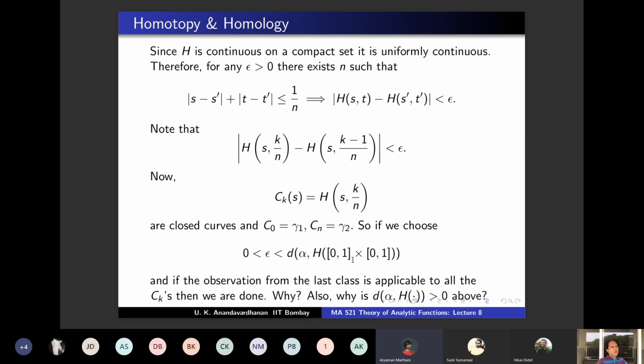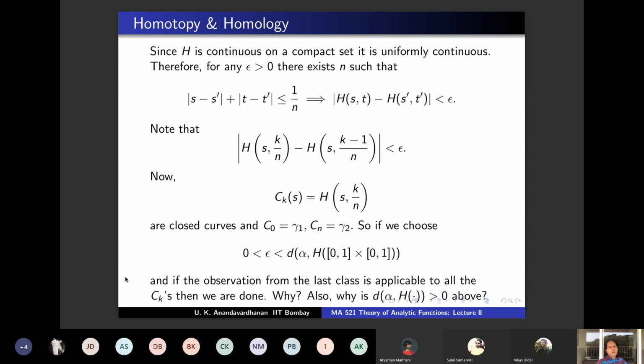Because the unit square is compact and h is continuous, therefore h of the unit square is compact and distance is a continuous function. Therefore, it takes a minimum there and therefore it's strictly positive. Alpha is outside omega and h of the unit square is inside omega. And because it's compact, there's a positive distance, so that can be done.